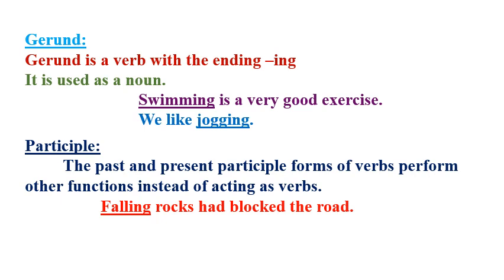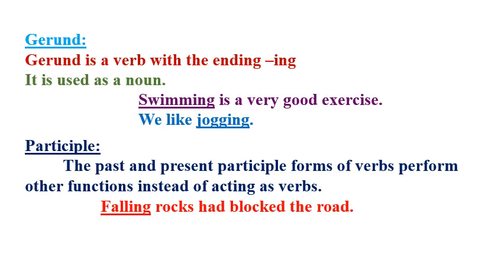But look at the present participle falling. It doesn't show the tense in the sentence. It doesn't appear after a subject in the sentence. So here it is not acting like a verb, but it acts as an adjective describing rocks.